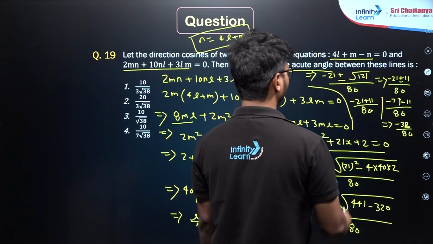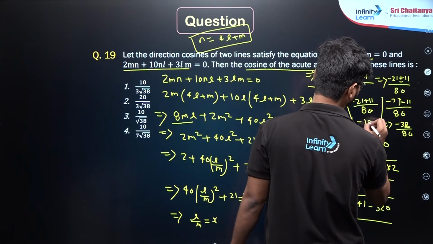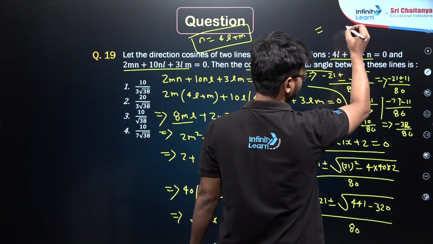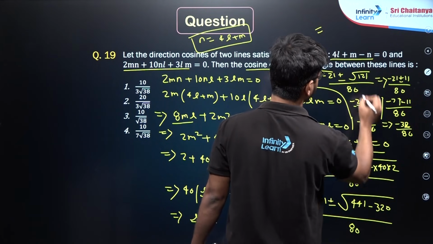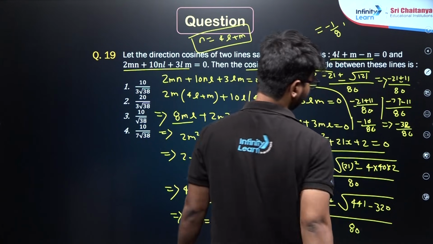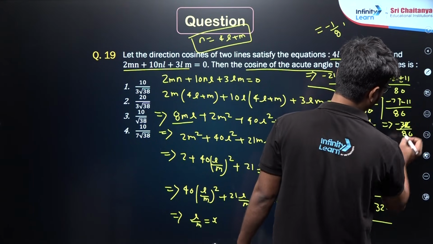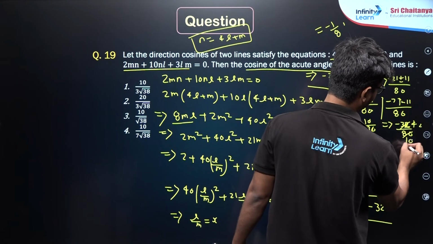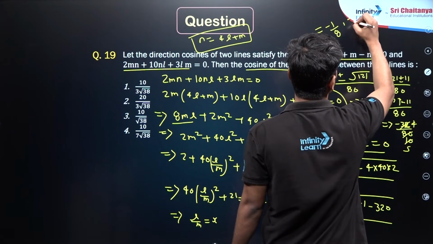Okay, and 21 minus 11 here it will be minus of 10 by 80. So finally we are getting minus, 0 and 0 getting cancelled, minus of 1 by 8, and 8 4s are 32, 8 10s are 80, 2 2s are 4, 2 5s are 10, minus of 2 by 5.